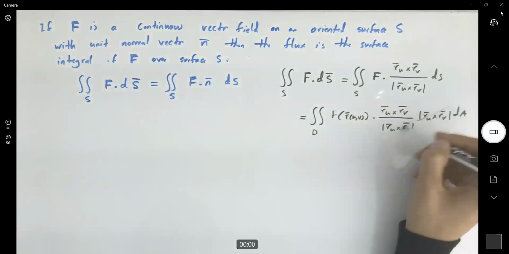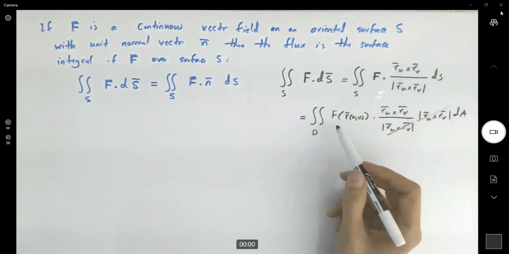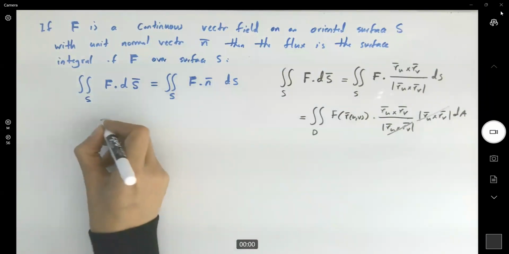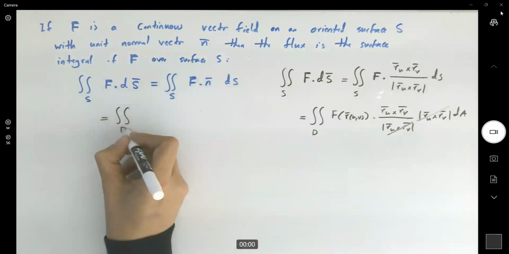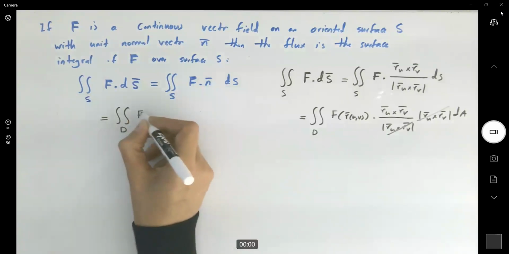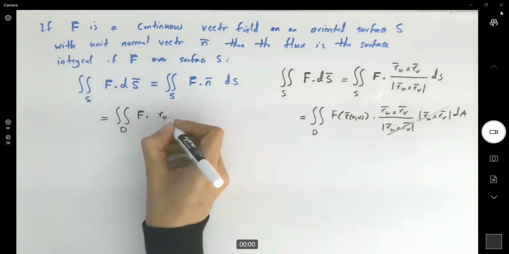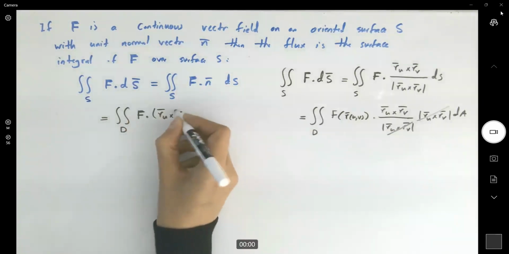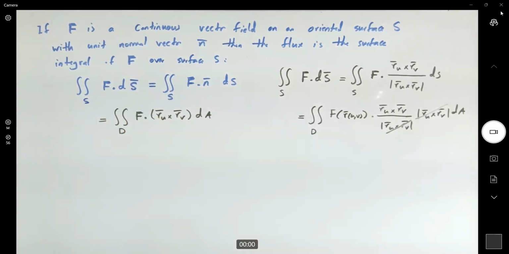So we can simplify these two, and this can be written as the double integral over D of F dot Ru cross Rv dA. So remember this formula when you're working with a parametric surface. You have all of these nice formulas to utilize here.